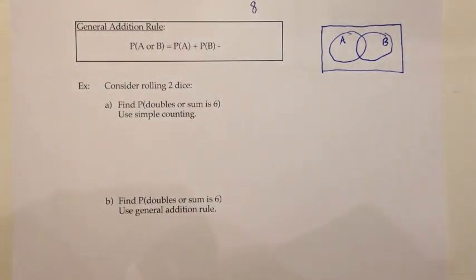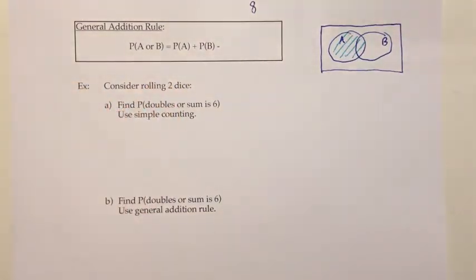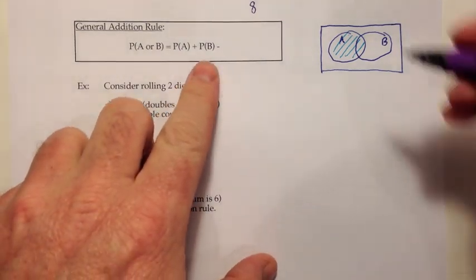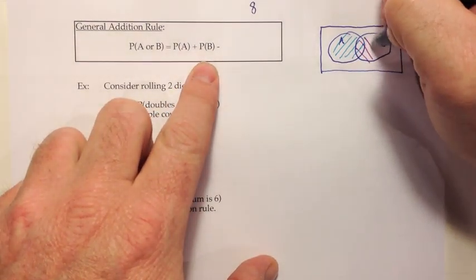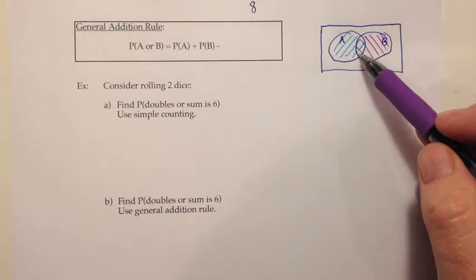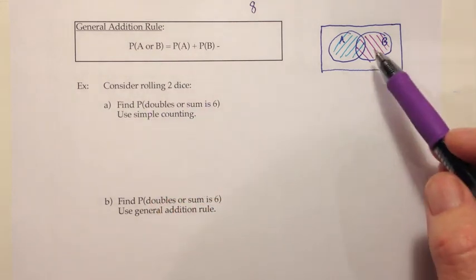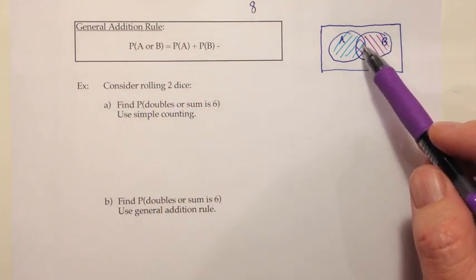And then suppose we came along and we counted everything in A, and then we counted everything that was in B, which is what we'd do if they were mutually exclusive. Then a mistake happens, and the mistake that happens is we end up counting this overlapping piece 2 times. Now with an OR, we do want the overlap, but we don't want to count it twice.